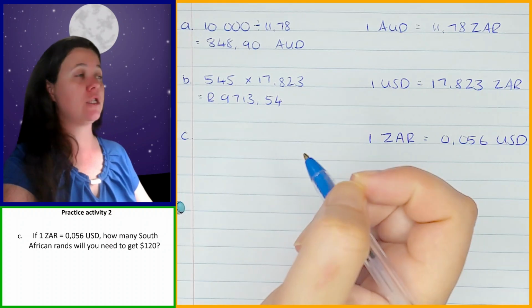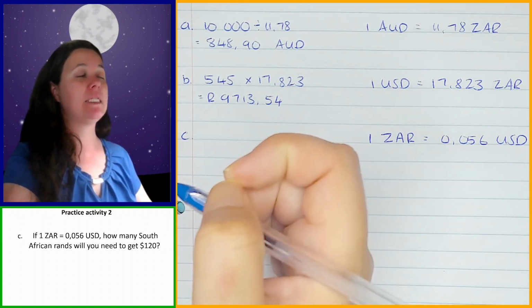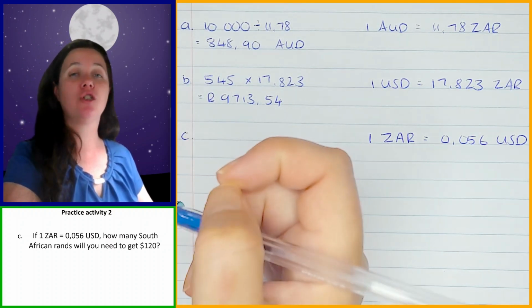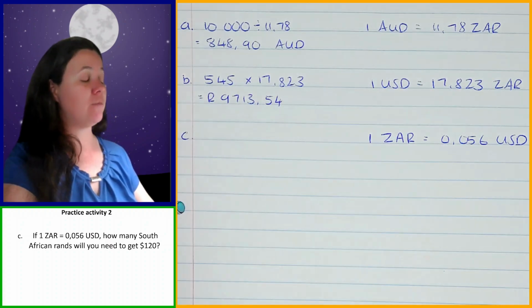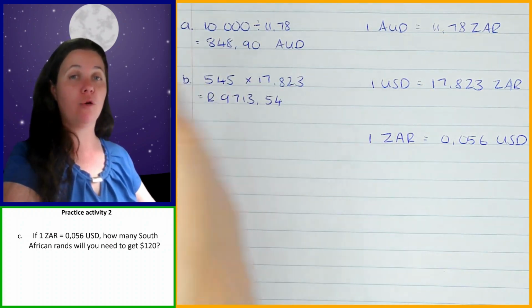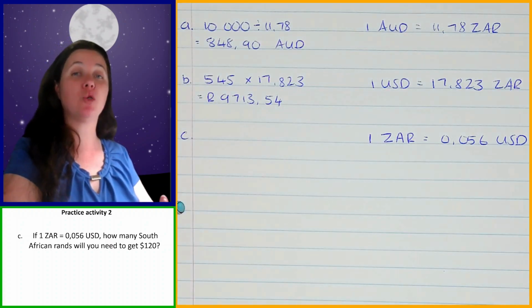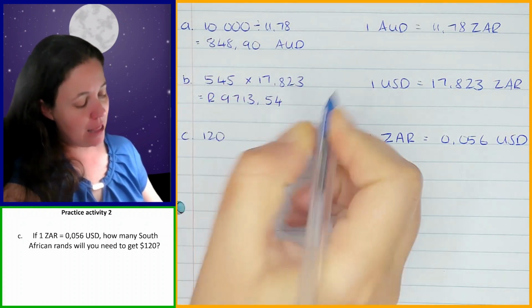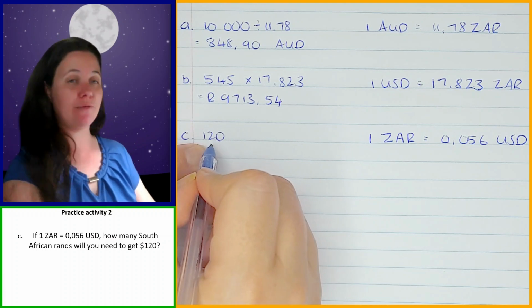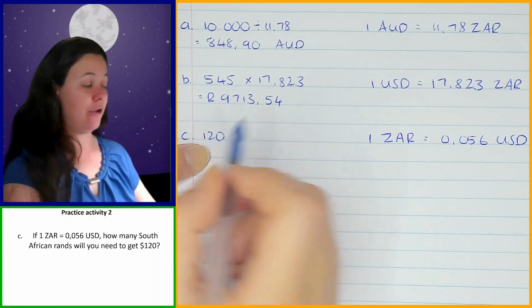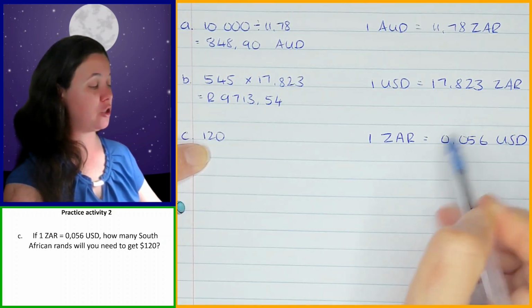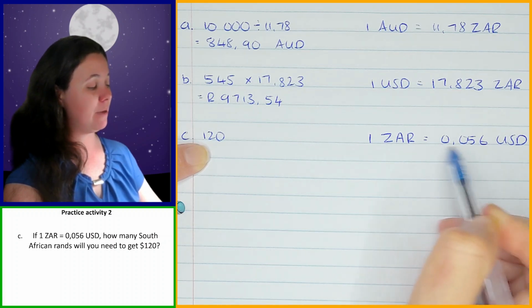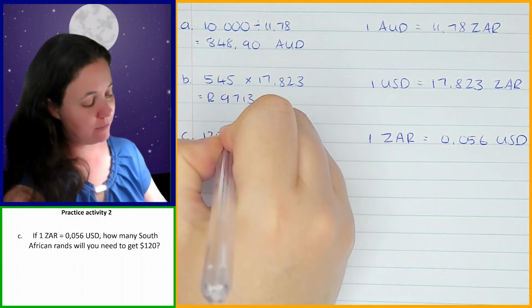But it doesn't matter because we're still going to do it in the exact same way as normal. We are being asked to work out how many rands we would need to get $120. So we're working from the dollars because we need to work out what $120 is in rands. So it's 120, that is the dollar amount. I'm dividing by what I have, which is the USD amount, so I'm dividing by 0.056.